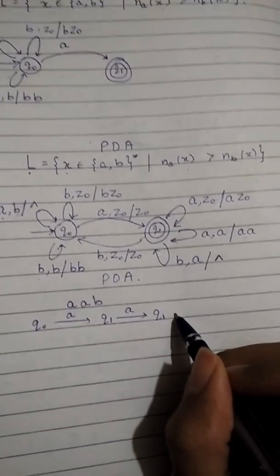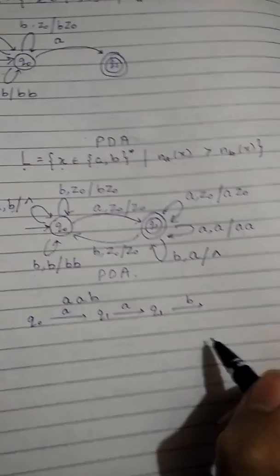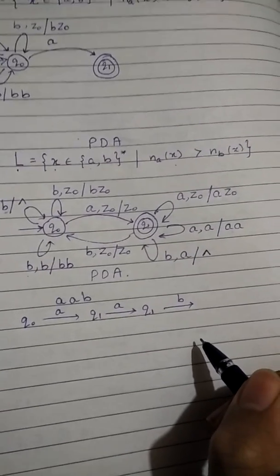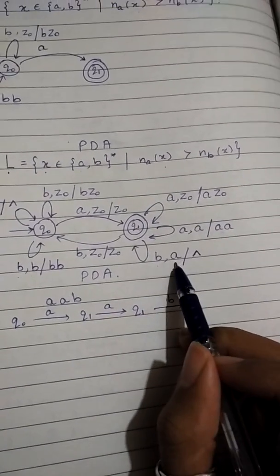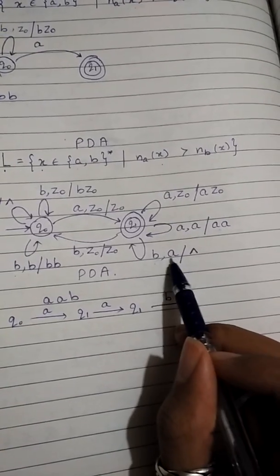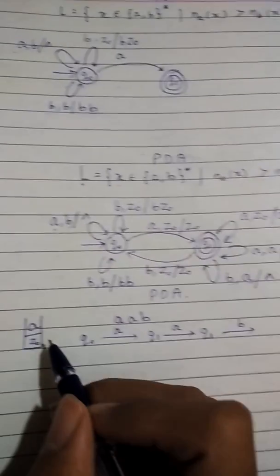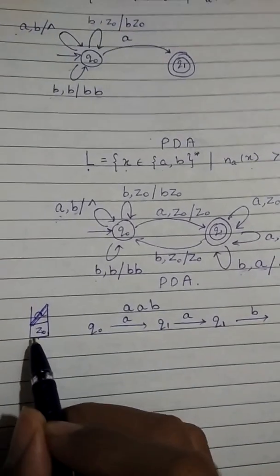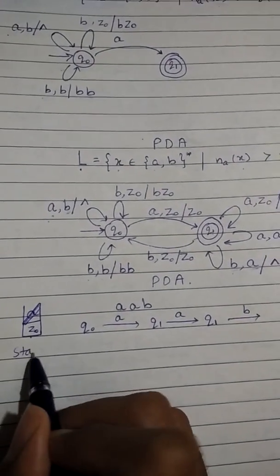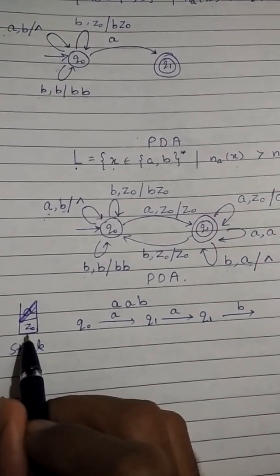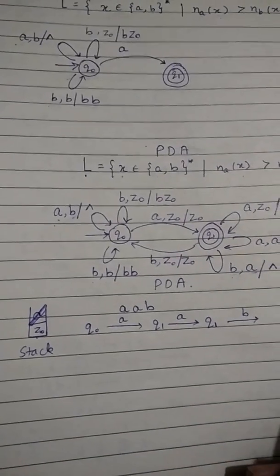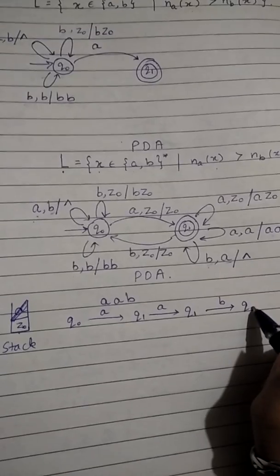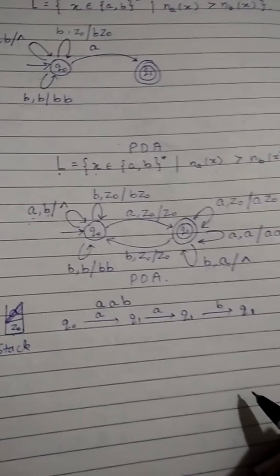Now if we get a b, we have a transition corresponding to b: we will be deleting an a. So our stack is Z0 only, and we'll remain at Q1.